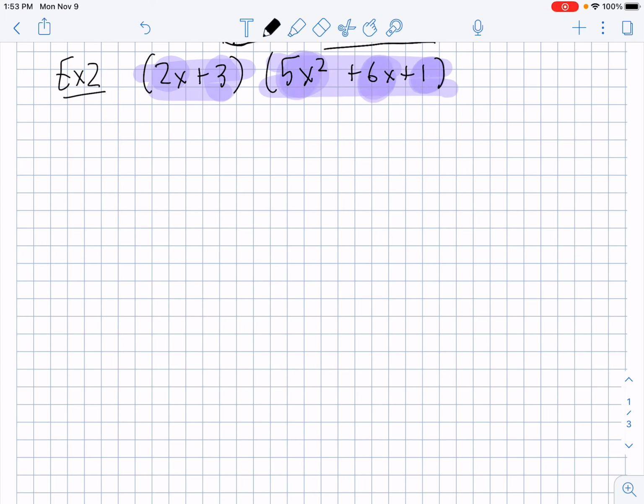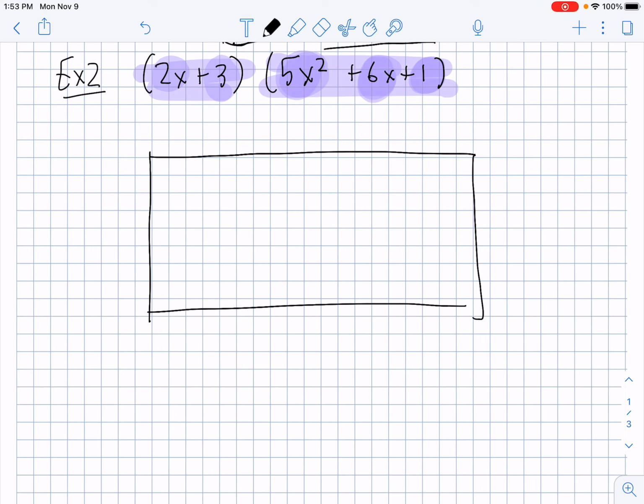And just to help us organize our work, we're going to use the idea of the box, the box method, also known as the area method. Because I have a trinomial here, I'm going to draw a box with 3 spaces. I'll put my 5x squared, my 6x, and my 1.